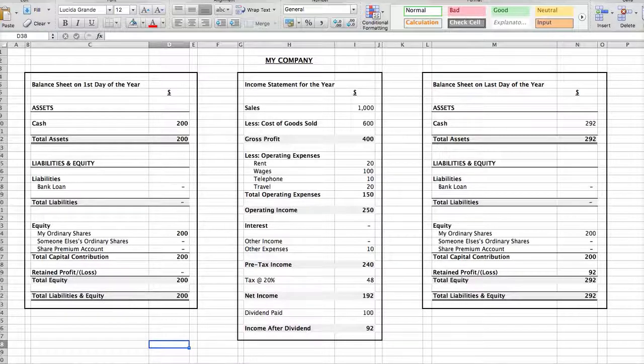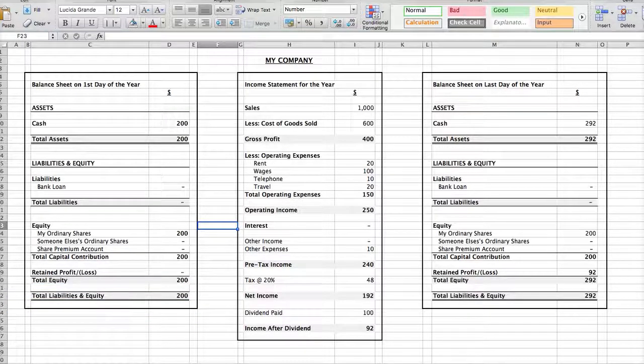And all the accounting equation says is that the total assets of the company, and an asset is something that the company owns or monies that it's owed, always equal the sum of the liabilities and the equity.